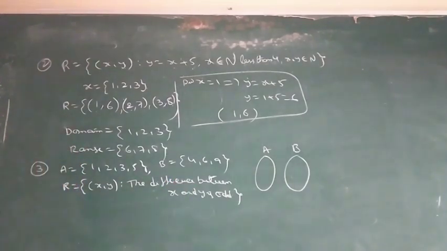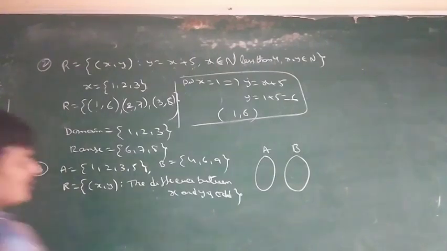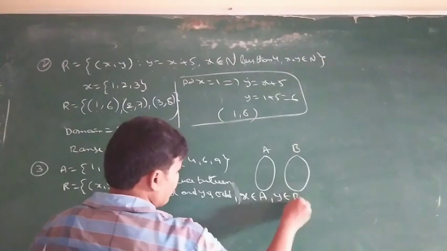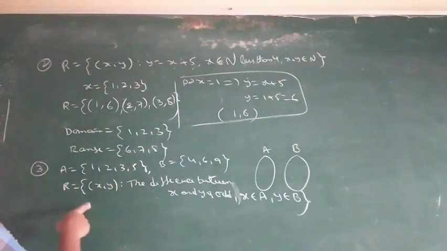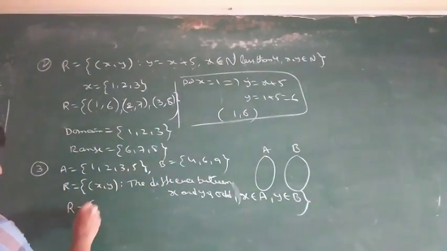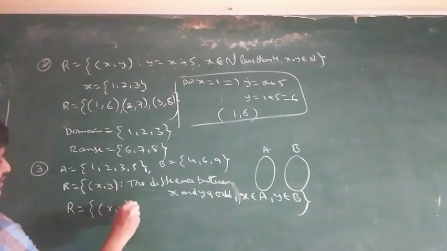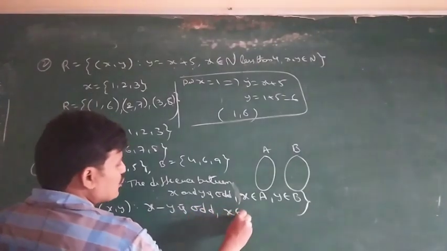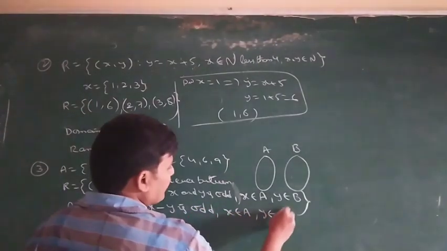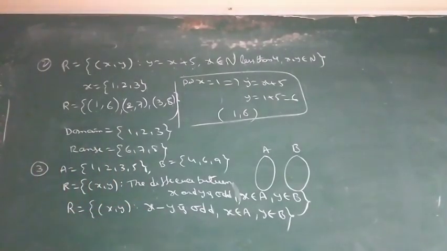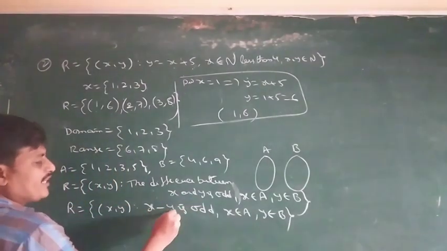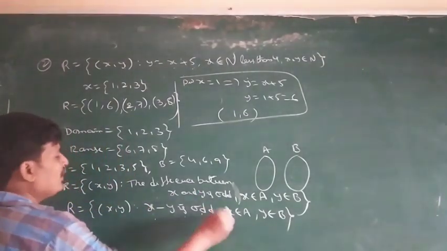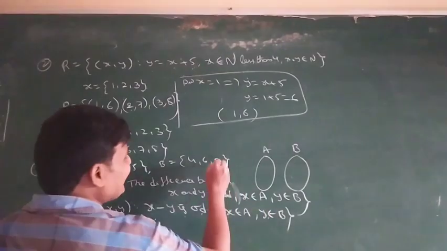The difference between x and y is odd, where x belongs to A and y belongs to B. So R is equal to x comma y such that x minus y is odd, x belongs to A, y belongs to B. So x is only in A, y is only in B.